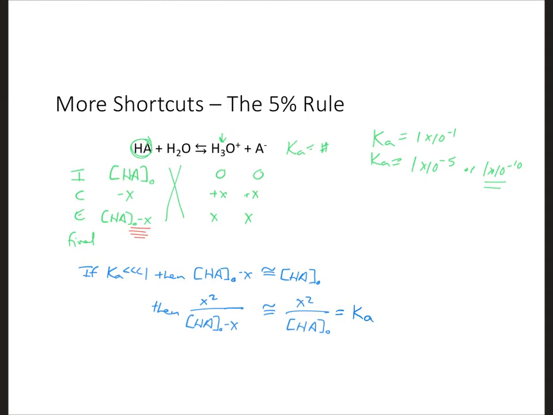Now we just have an x squared and numbers. We can get all the numbers on one side by multiplying both sides by the HA concentration at time 0, and then we can just take the square root of both sides. We end up with x being the square root of whatever that number was after you multiplied it together.